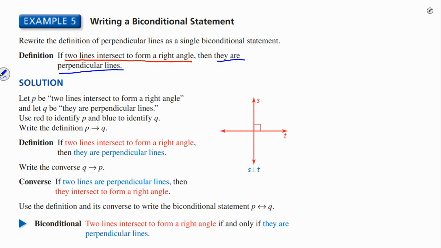We can use the definition and its converse to write the biconditional statement. So now we can write it as: two lines intersect to form a right angle if and only if they are perpendicular lines. Because it's true both ways, we can include this if and only if statement in there. If it wasn't true the other way, then we could not include that there.